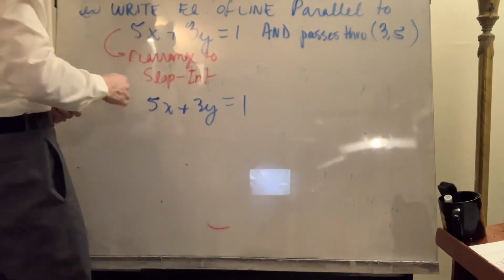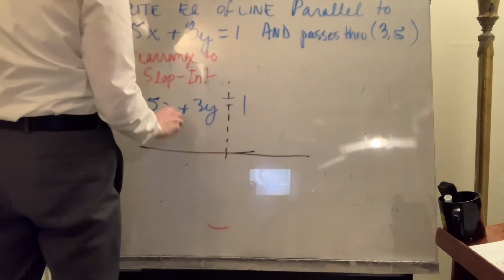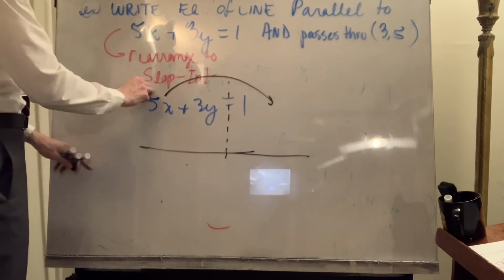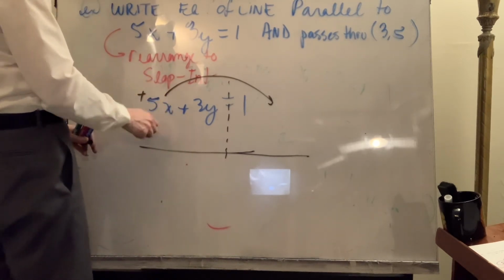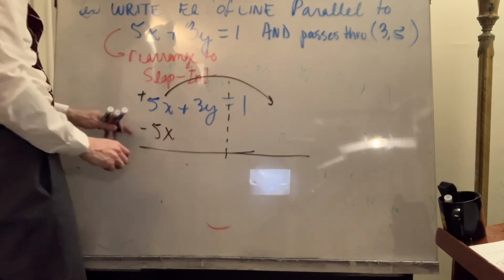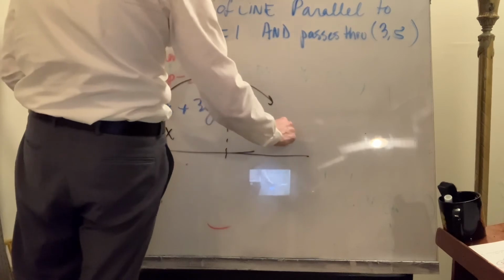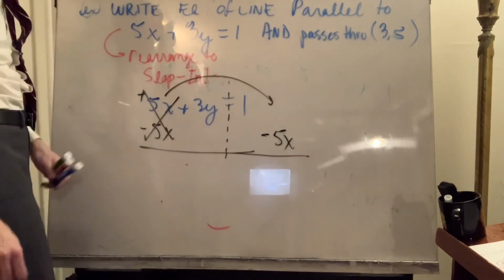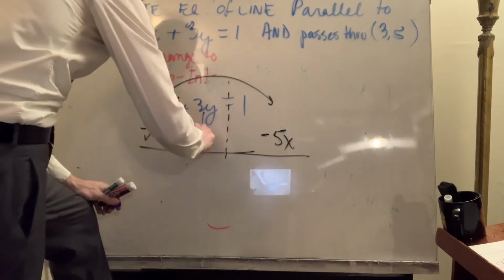I'm going to strategically rearrange the parts by moving this term 5x over to here. It is understood as being a positive, so to justify taking the whole kit and caboodle, the number and the letter at the same time, I'm going to subtract. I have nothing to combine it with, so I'm just going to park it over here. There's going to be strategically a cancellation effect here. What is left over is simply 3y.